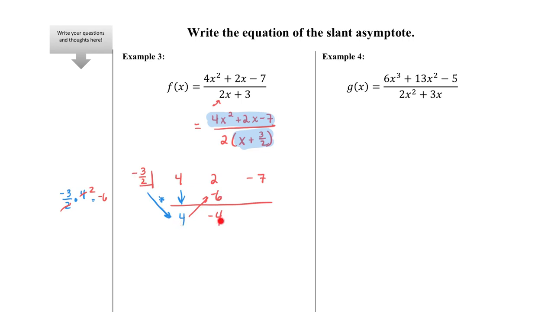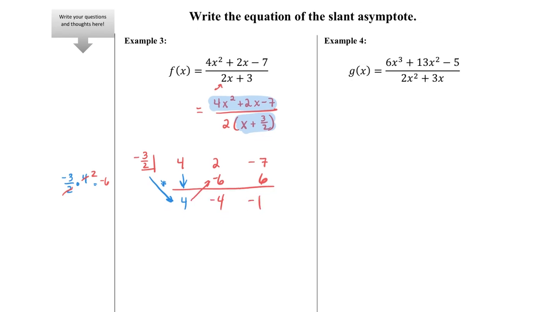It's 3 halves times 4 again. It's going to be a 6. And since they're both negatives, it will be a positive 6 this time. So that wasn't too hard. And then I add them up, negative 1. Okay. So now I've gotten this part. I know that this over x plus 3 halves is equal to my answer here.